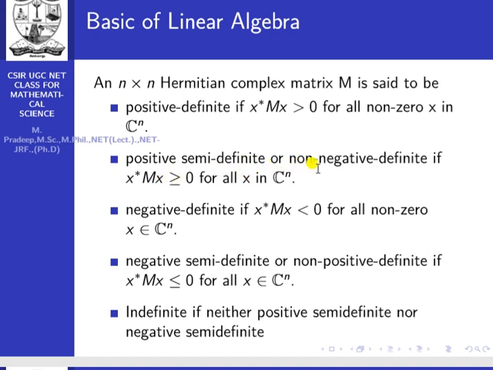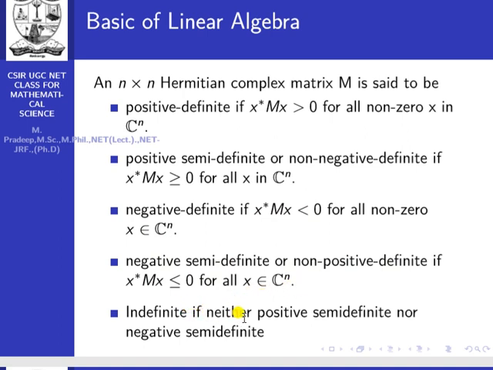Positive semi-definite or non-negative definite means X star M X is greater than or equal to 0. Negative definite means X star M X is less than 0 for all non-zero X belonging to C power n. Negative semi-definite or non-positive definite means X star M X is less than or equal to 0 for all X belonging to C power n.